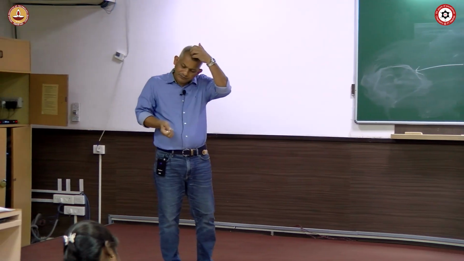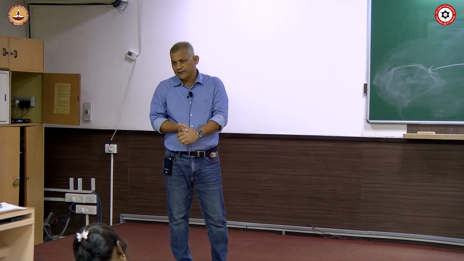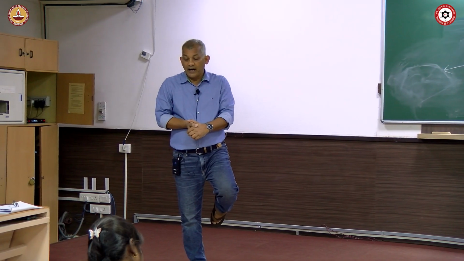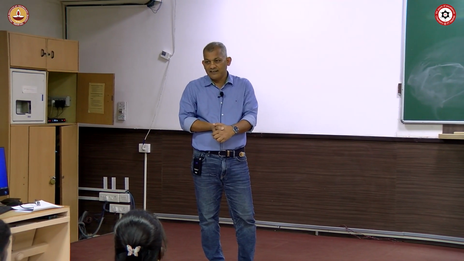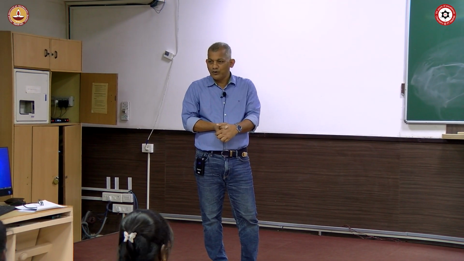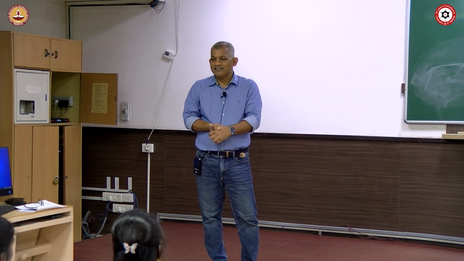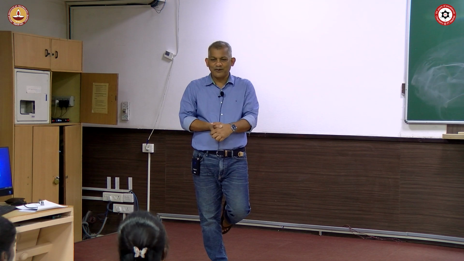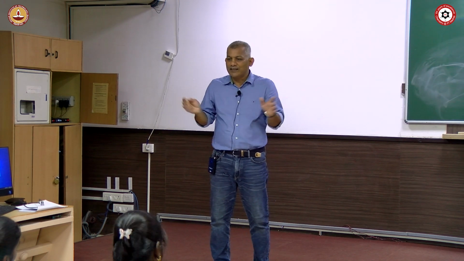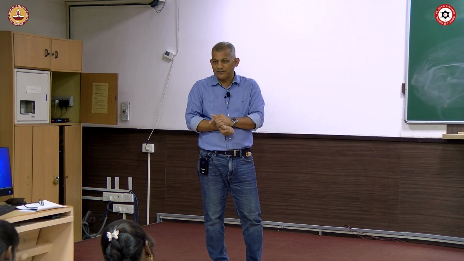The difference between these two geometries is like, suppose I ask you to stand on one leg, how long can you stand? 1 hour, 2 hours, 3 hours? 1 hour you can stand, not a problem. But you cannot stand for a long time because it's a stability problem.